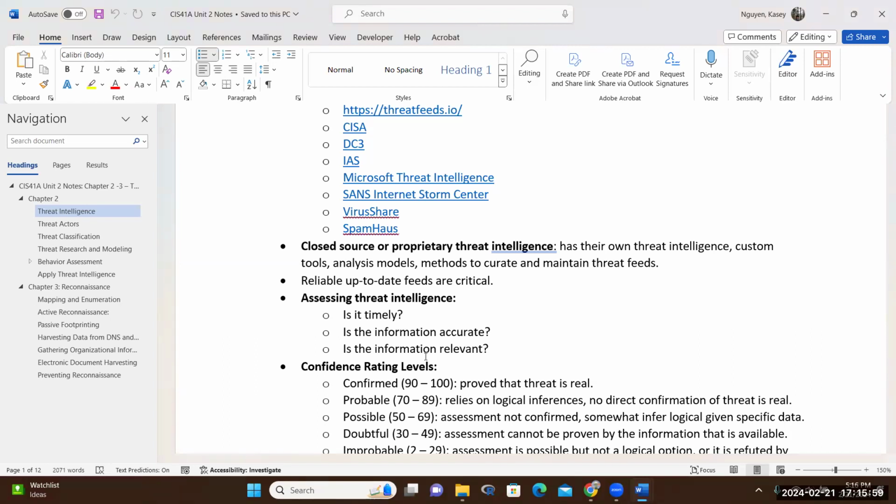Okay, so when you are assessing a threat, these 3 questions you need to ask yourself. Is it timely? Okay. Is the information accurate? And is it relevant? Okay. Because I myself, sometimes I go down that rabbit hole, and then next thing I know, I'm looking at some other things that are kind of related to where I started, because information can be very interesting and it can lead you to branches of it.